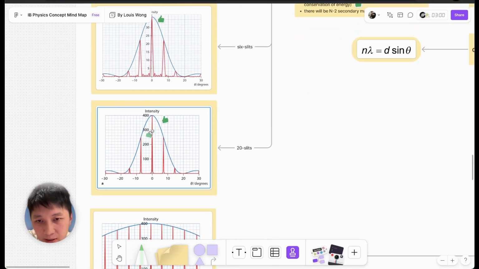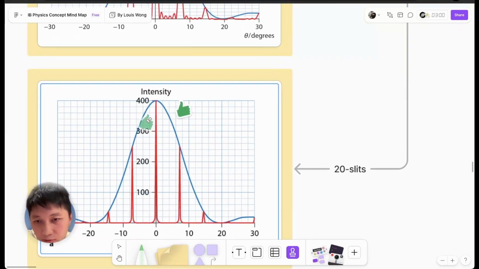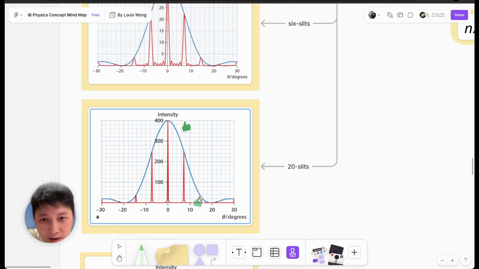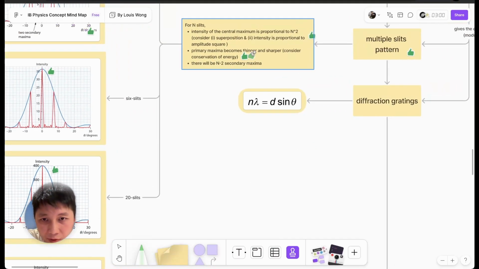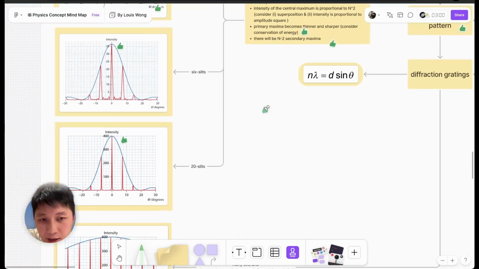This is 400 times higher, but the input light, the laser for example, didn't change; you probably just swap the different slits. So if this part has such high energy, the other part of the output has to be much smaller. That's why it's sharper and thinner. All right, so that's the idea.